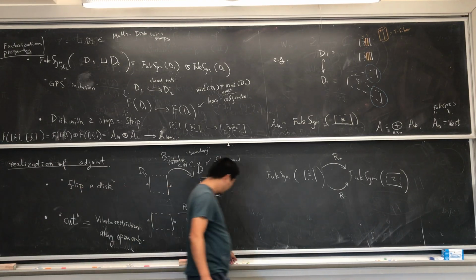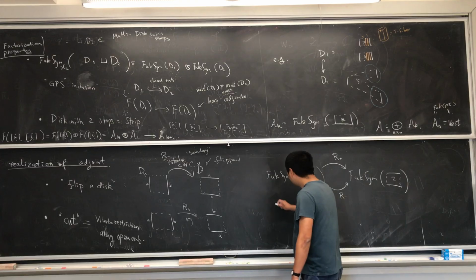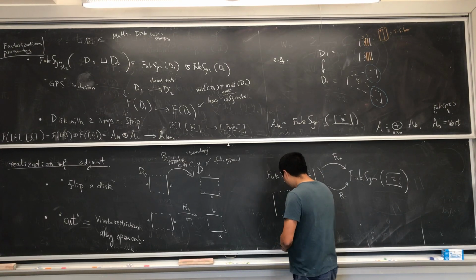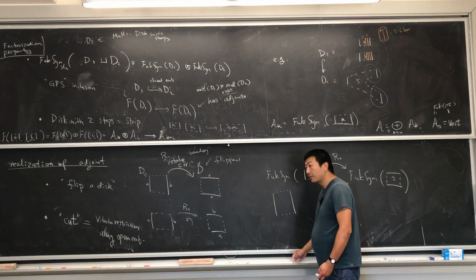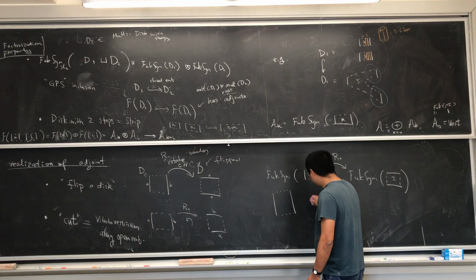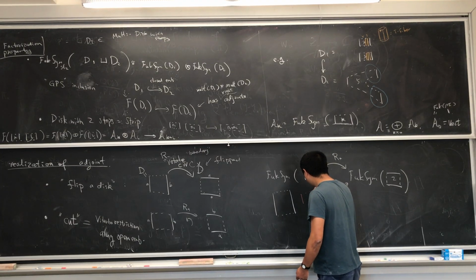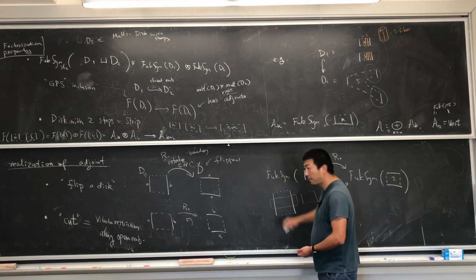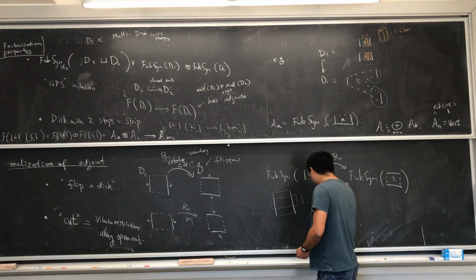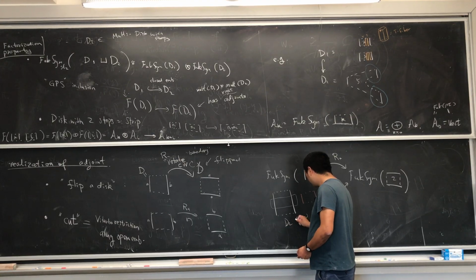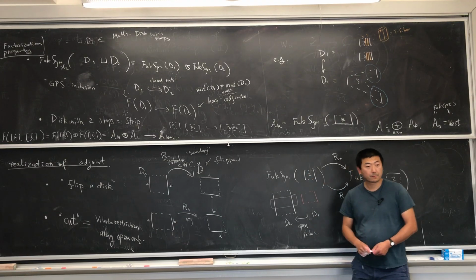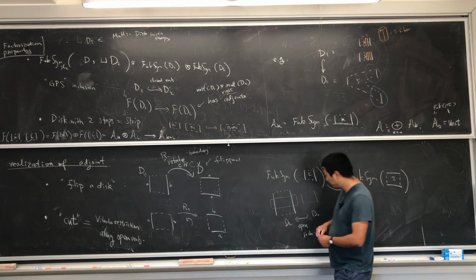Okay, what do I mean by that? Suppose I have a disk like this. I can tell you an open subdisk in here, sitting, say, in this middle part. So this D1 inside this D2 is an open inclusion. Okay, this is the open subpart.